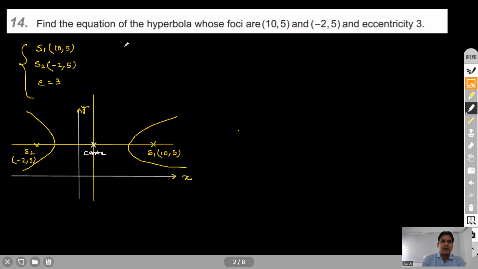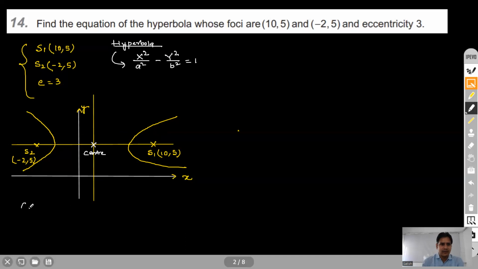So we can say our hyperbola will be of this form, x square upon a square minus y square upon b square is equal to 1. This is sure. Now, what will be the center of this hyperbola? The center is the midpoint of S1 and S2, right?